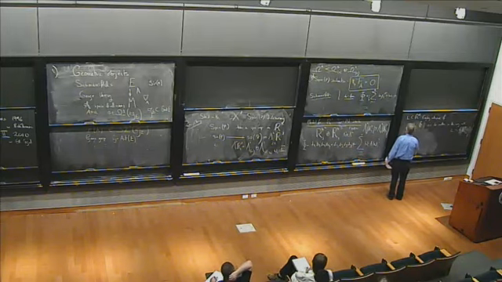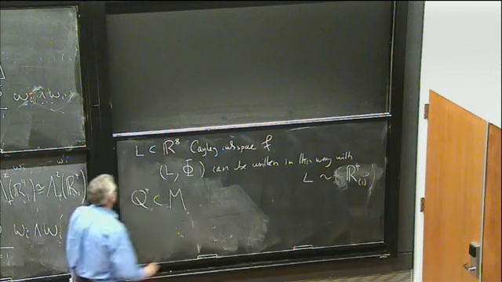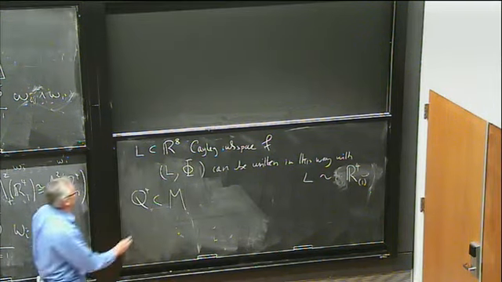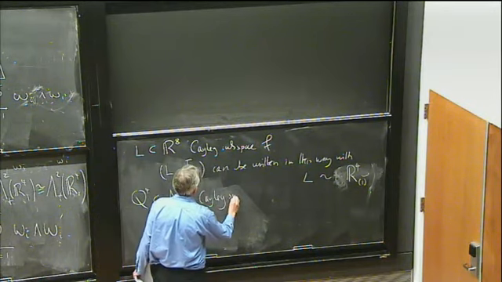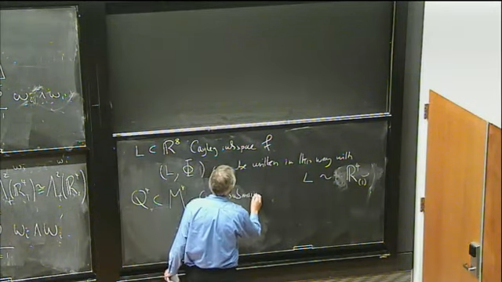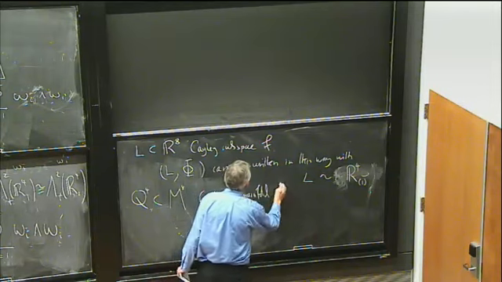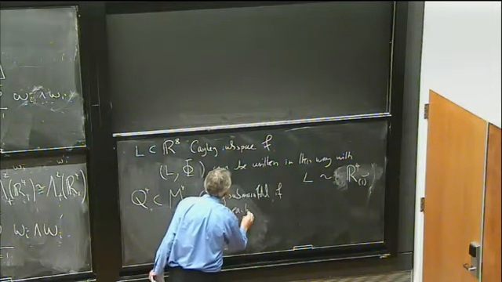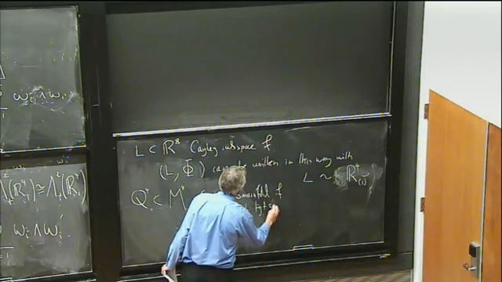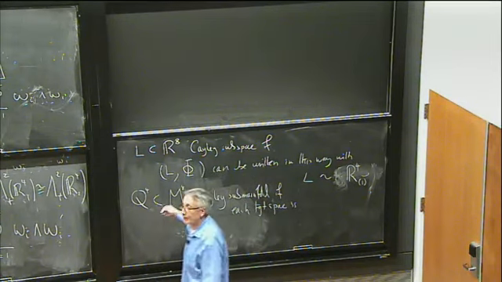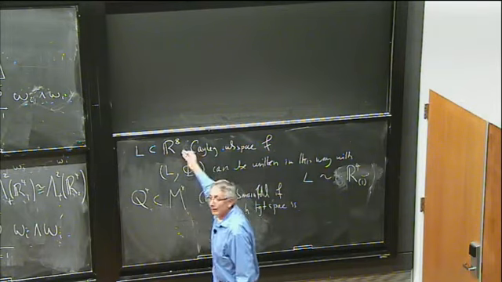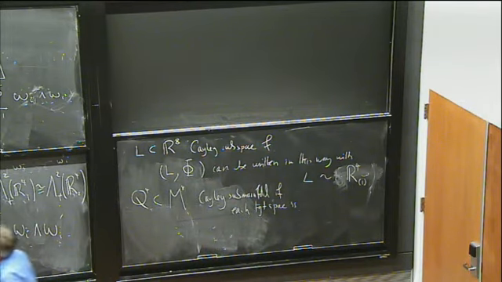A 4-dimensional submanifold Q of our 8-dimensional manifold is a Cayley submanifold if each tangent space, at each point, the tangent space of Q is one of these special subspaces.